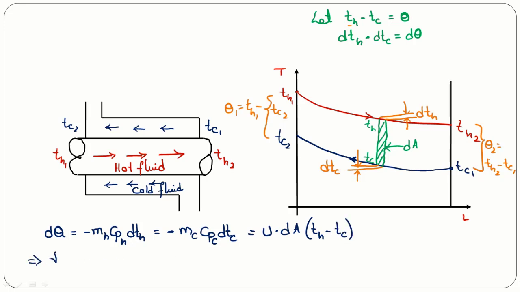Now, we can write this same thing as dQ is equal to minus capital CH, which is called the heat capacity of the hot fluid, dTH, and minus Cc into dTc, where Cc is the heat capacity of the cold fluid. So, this will be equal to U dA into theta. Now, from these two, dTH will be equal to minus dQ by CH and similarly dTc will be equal to minus dQ by Cc.